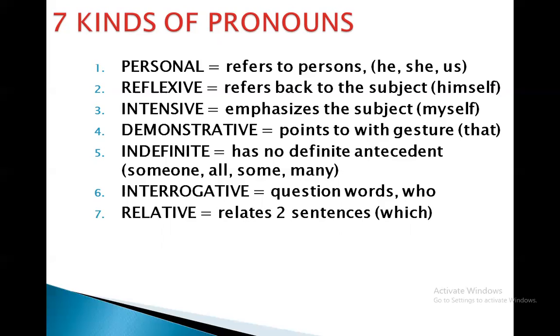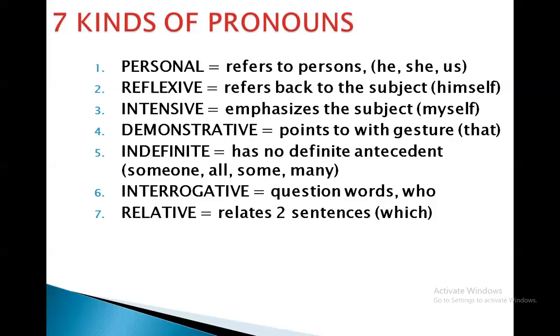Demonstrative pronouns are those used to demonstrate, pointing with gestures, like this. These are the words which we frequently call demonstrative pronouns. An indefinite pronoun is a pronoun that has no definite antecedent. Someone, all, some, many are examples of indefinite pronouns.